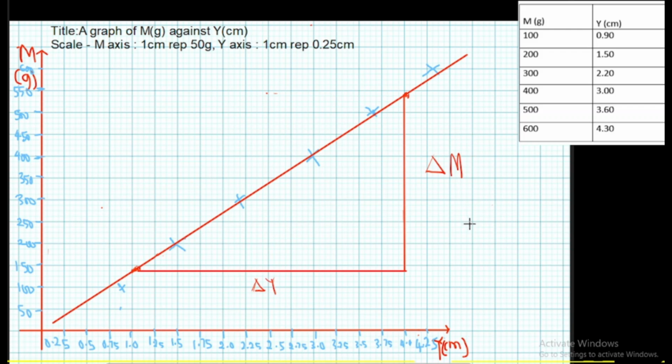Now, sometimes after calculating your slope, you may be required to calculate the error in slope.